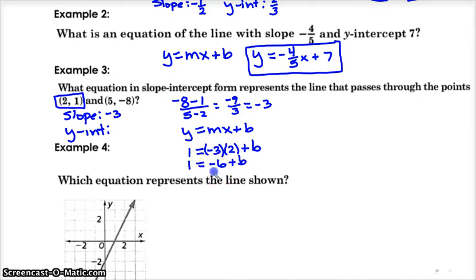To solve, I add 6 to both sides. So b equals 7. That's my y-intercept. Now I have a slope and a y-intercept, and I can write it in slope-intercept form. So my final answer is y equals negative 3x plus 7.